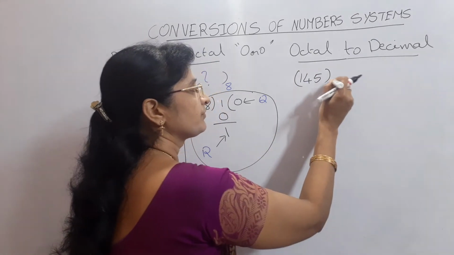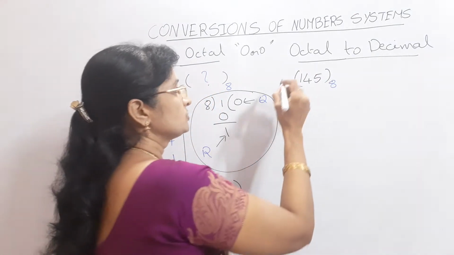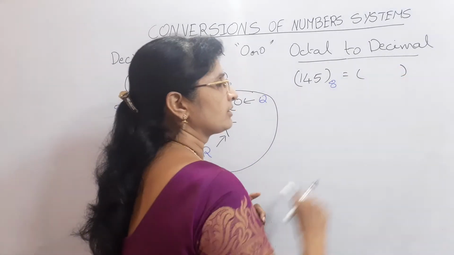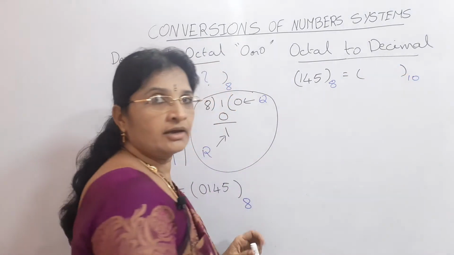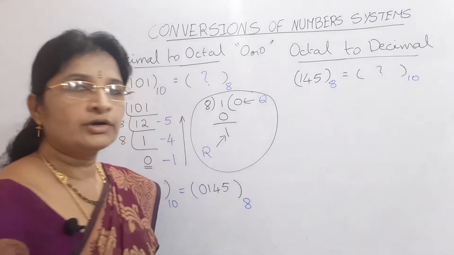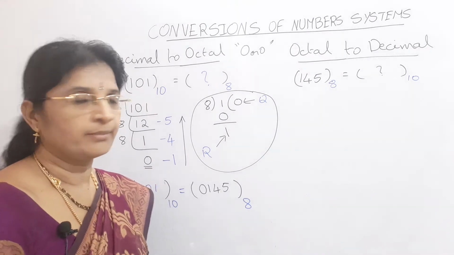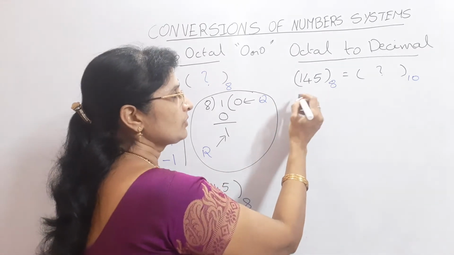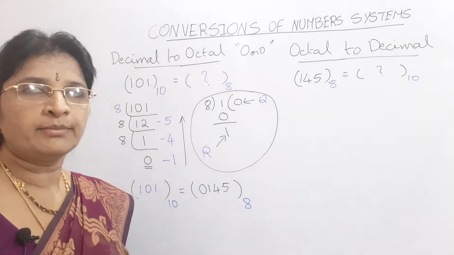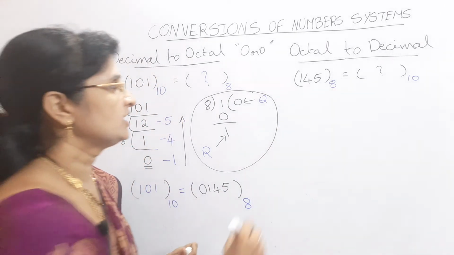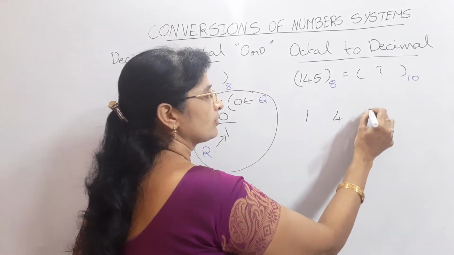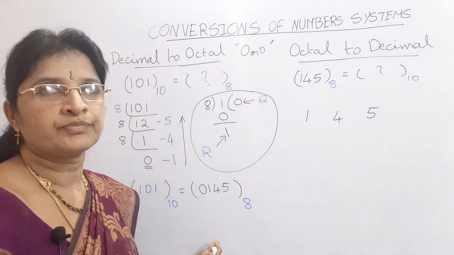145 base 8. Now we want to find the equivalent decimal number. So now the process starts. The base of the octal number is 8. So first of all write the number 1, 4, 5 separately.